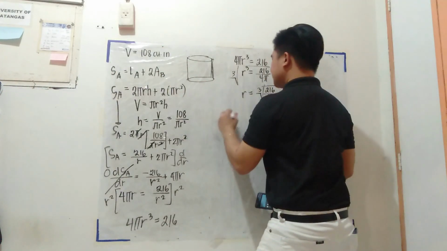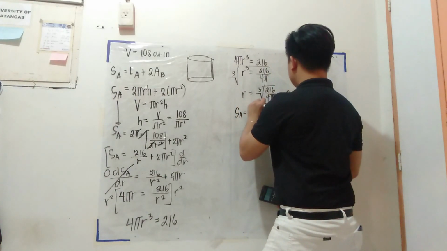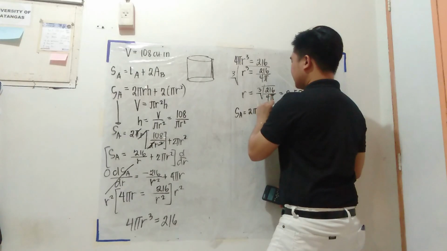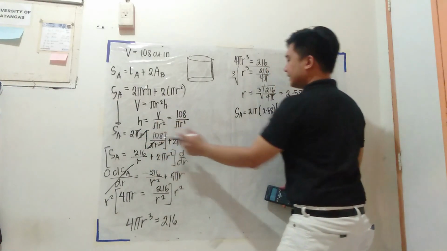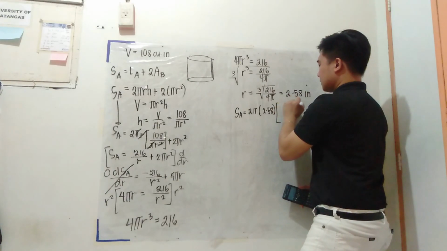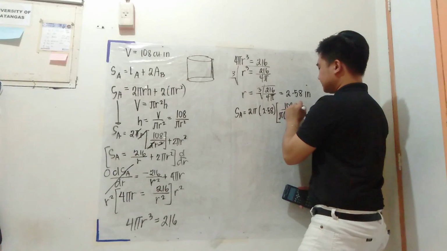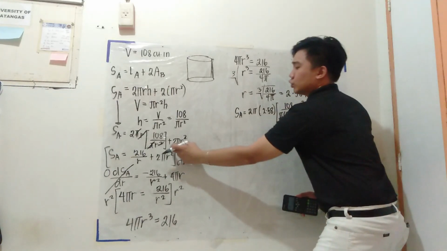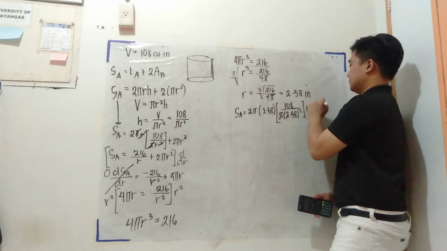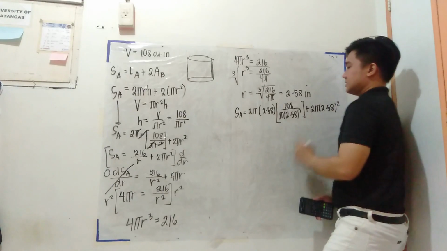So, to get the surface area, that is equal to 2 pi times 2.58 times 108 over pi times 2.58 squared plus 2 pi times 2.58 inches squared.